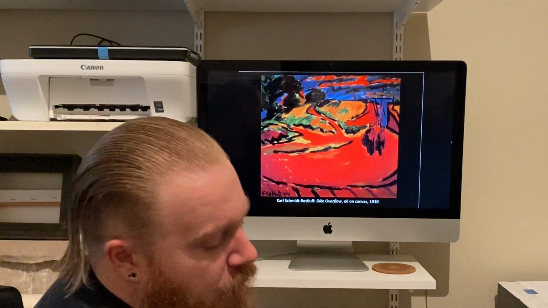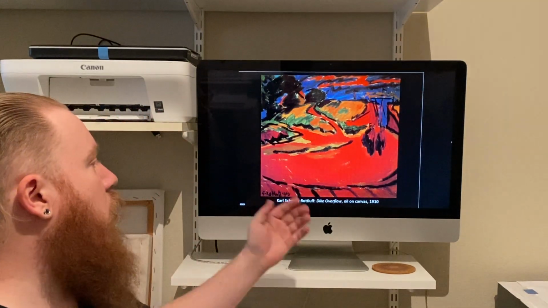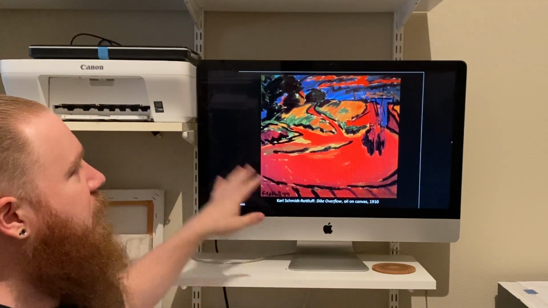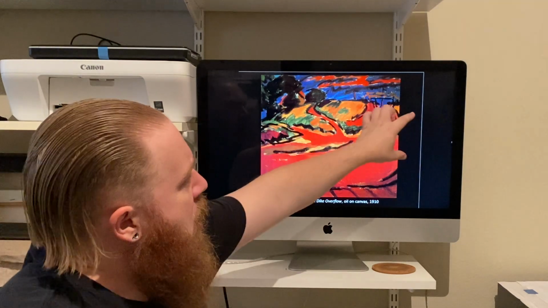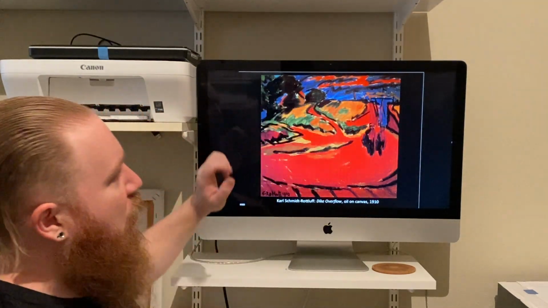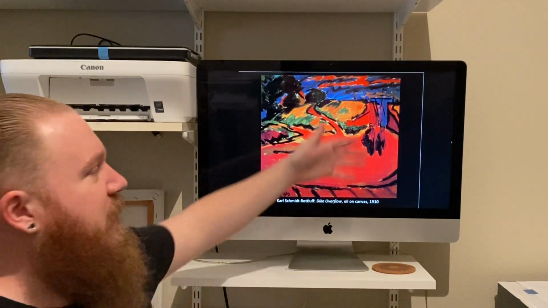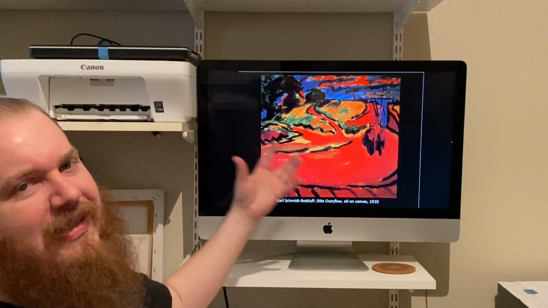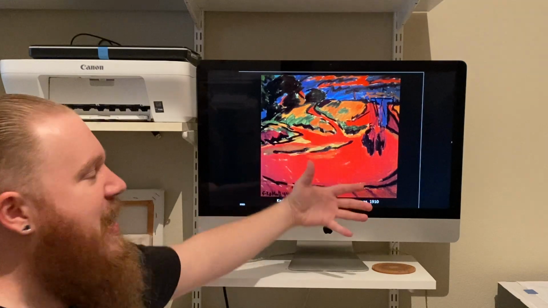But we also have artists such as Karl Schmidt-Rottluff, and here we see Dike Overflow. So we have the big earthen mound holding back the water in the Netherlands and overflowing. But we see this very abstracted view of a landscape. Once again, exaggerated colors.